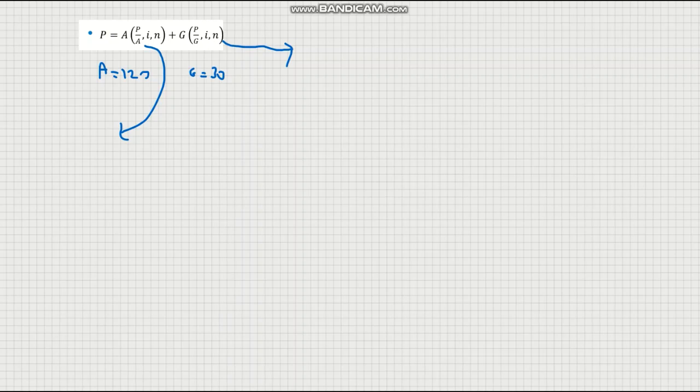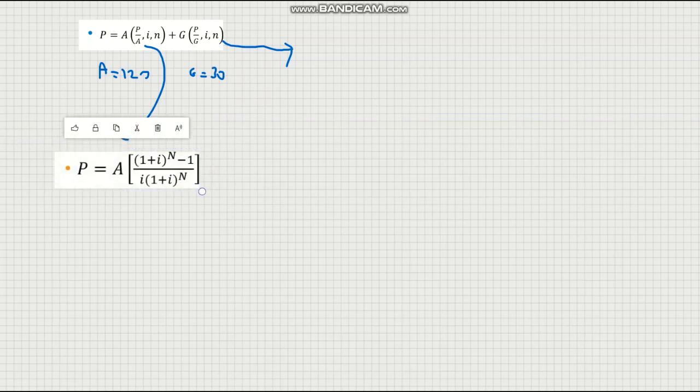How are we gonna solve? We know from our previous lecture that present value can be represented mathematically as A multiplied by (1 plus i) to the power of the number of duration minus 1, over interest rate multiplied by (1 plus interest rate) to the power of the number of duration.